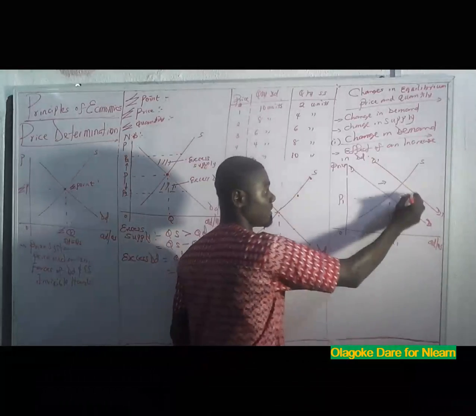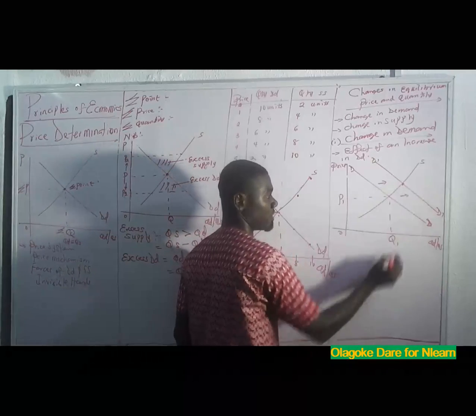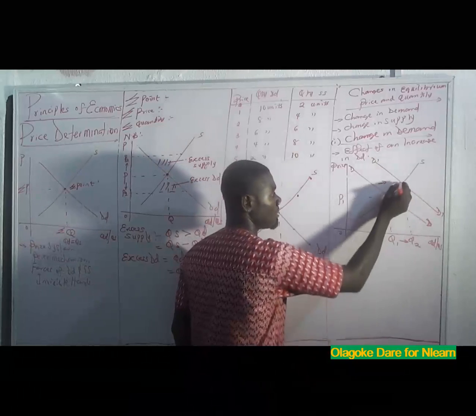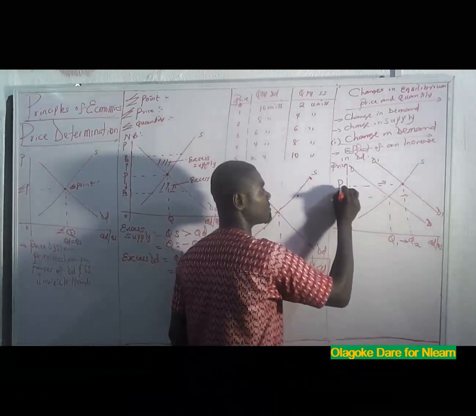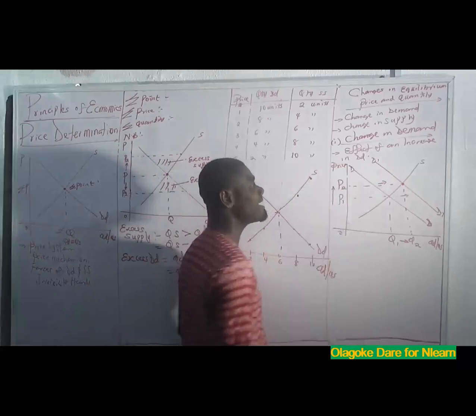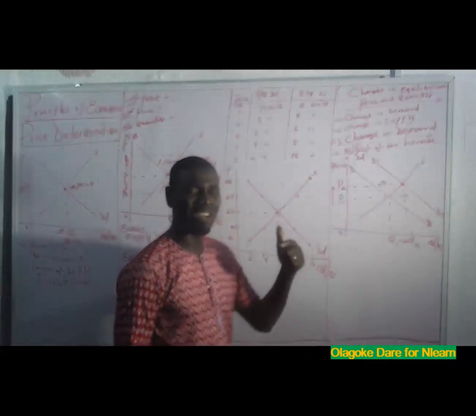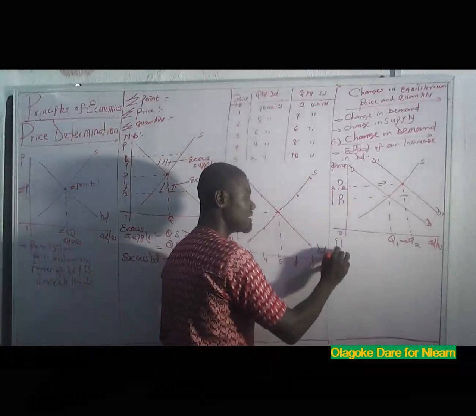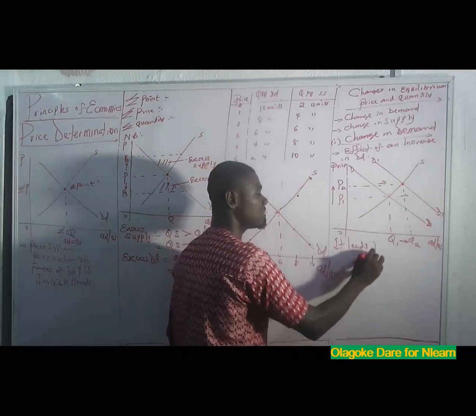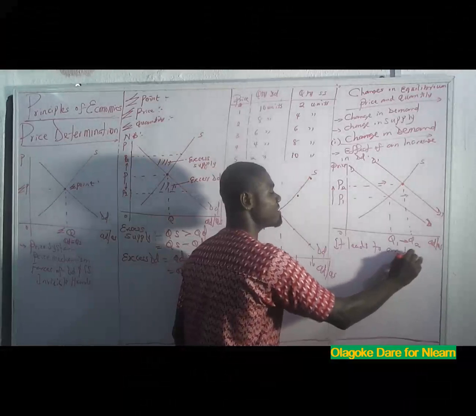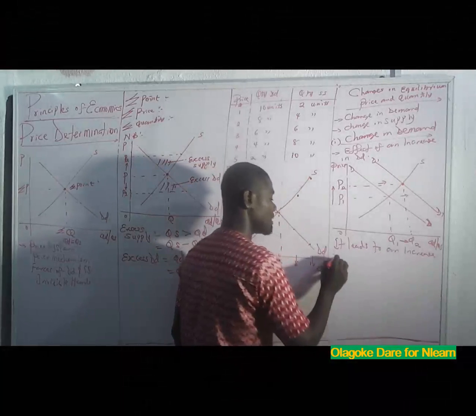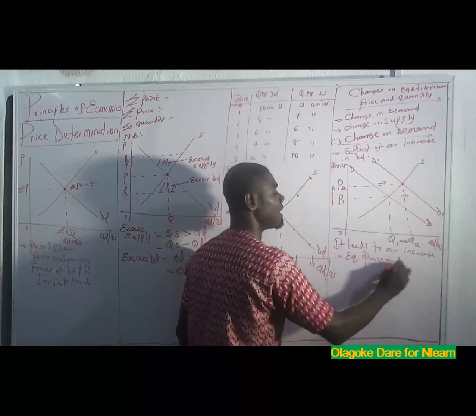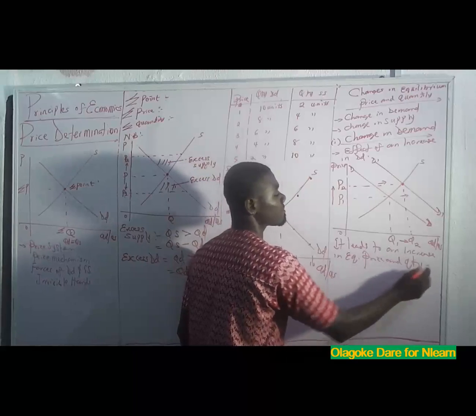With this new demand curve, I have a new equilibrium point. I'll trace it down, so I have Q2, then I have P2. Can you see that? So when there's an increase in demand without a corresponding change in supply, it leads to an increase in equilibrium price and quantity.